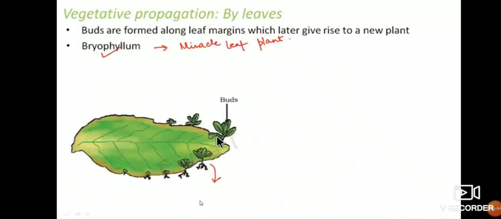Later, this gives rise to a new plant. So see here, a bud is formed at the margins of the leaf. After that, it grows like this and becomes a new plant. This is vegetative propagation by leaves.